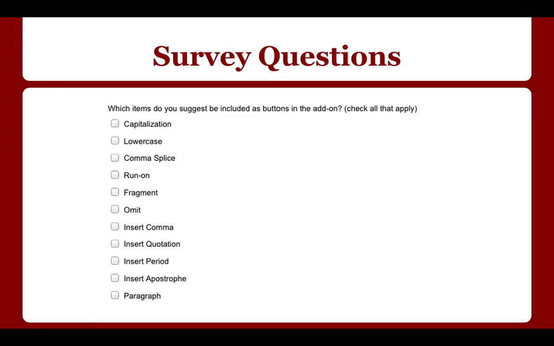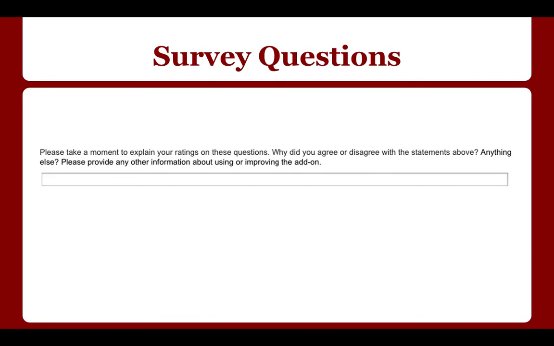And then I asked them to suggest which buttons should be included. And they can check any that they think should be included. And I wanted to kind of link this up with the tallies of which buttons they actually used on the sample essay. And then this is the last question.